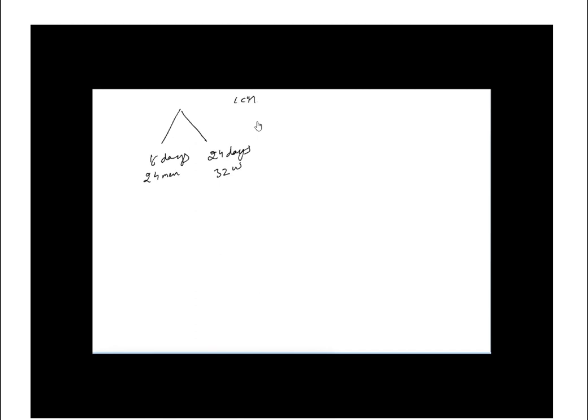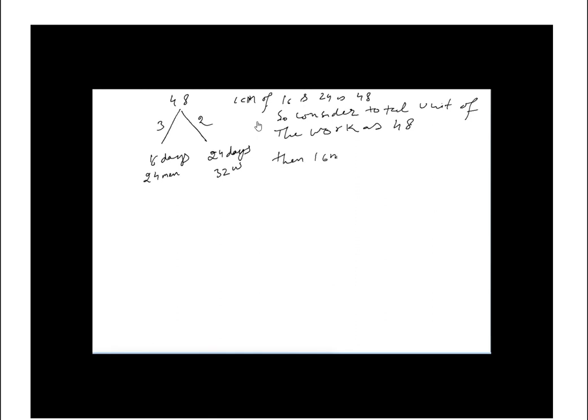So we'll take the LCM of 16 and 24. I think 48 will fit as the LCM, and we can consider multiples of 48 also, 96 we can also take as a unit of work. So the efficiency of 24 men will be 3, and of 32 women will be 2.